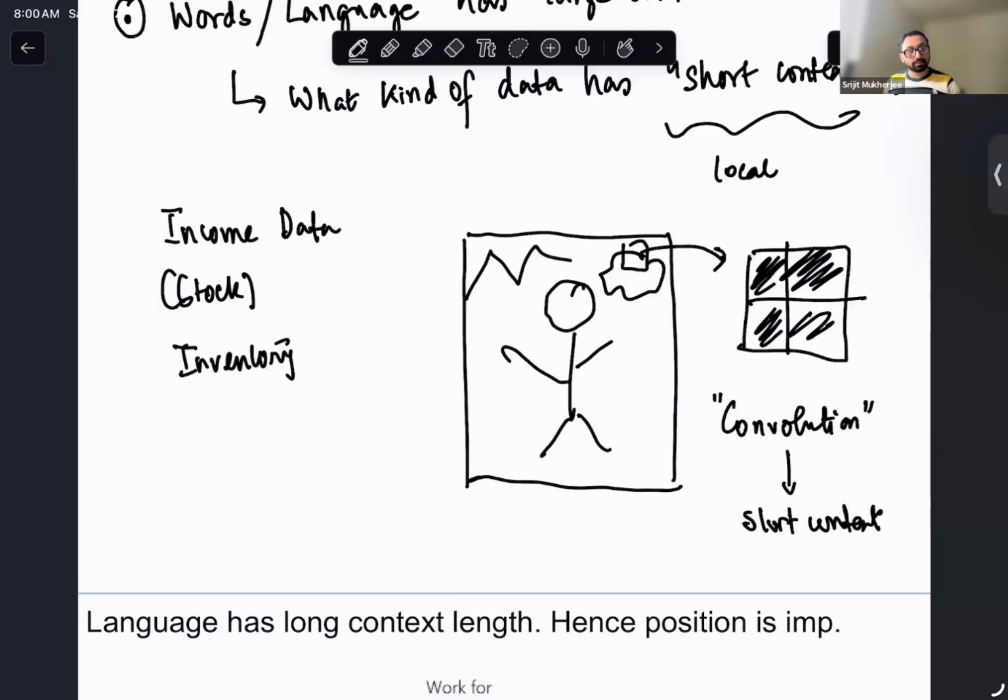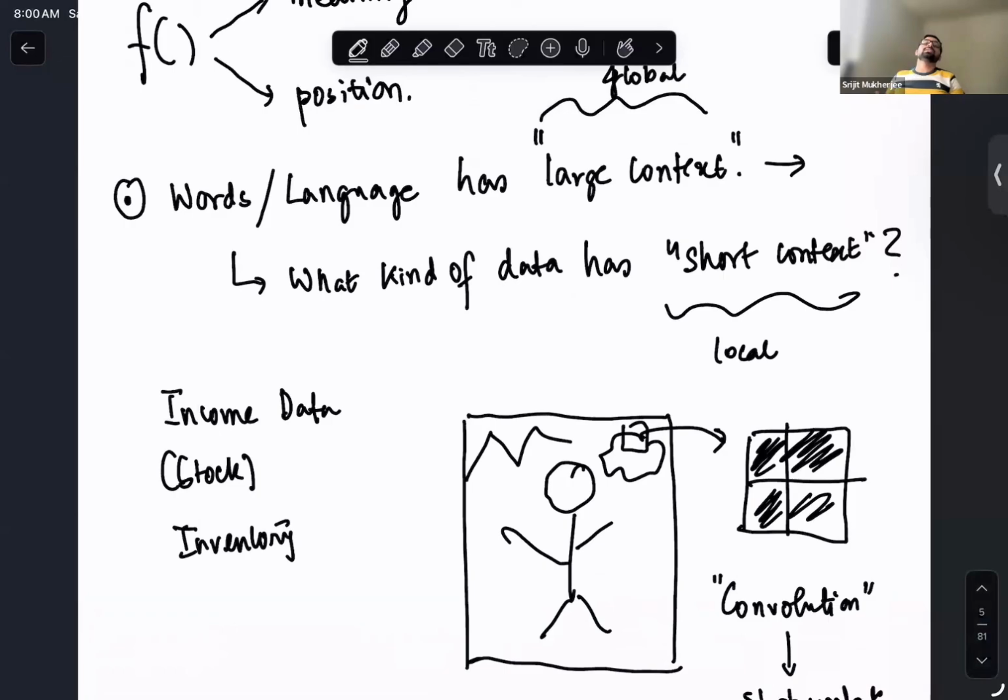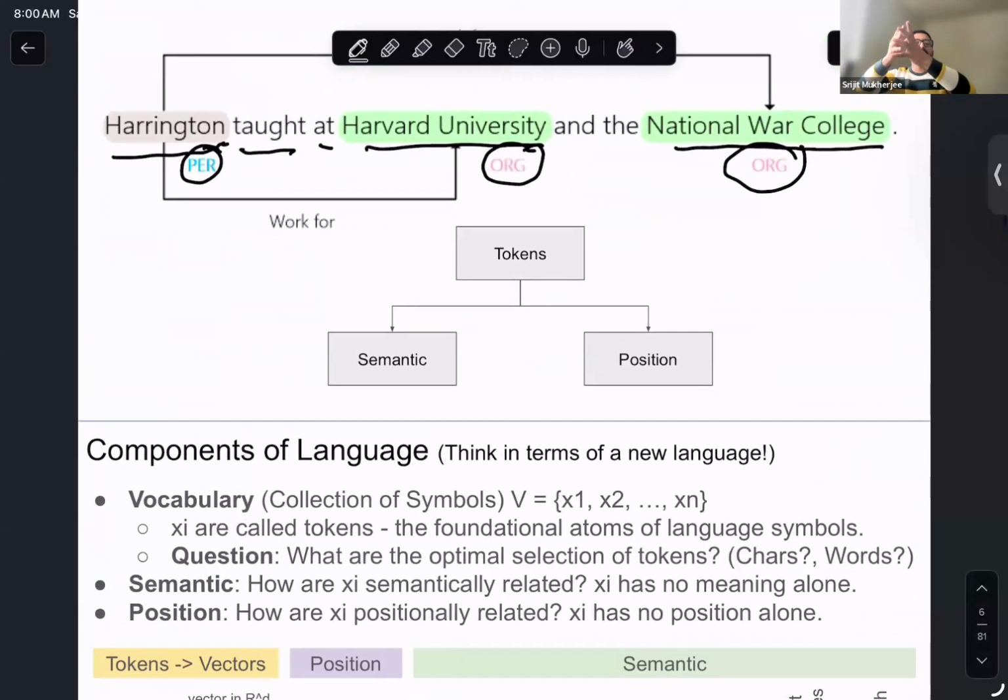That's how it is built. But we cannot use that for language data because it's a large context. So for example, the sentence can be large. Let's say Harrington taught at Harvard University and he likes to eat strawberries, and then you can take a lot of everything, and then at the end you can say, and also he taught at the National War College.